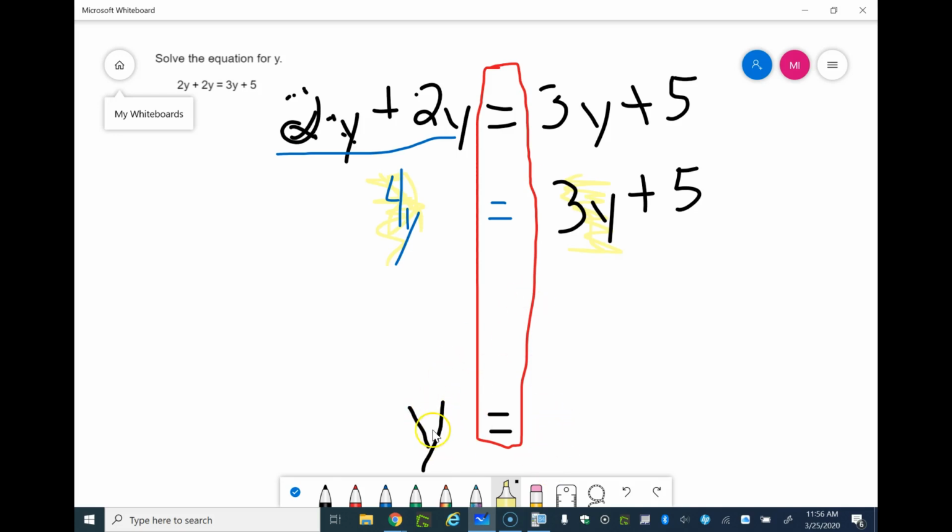But since I already have everything stashed on the left side, I want to move this term over the equal sign to combine with this y. In order to do that, you always have to do the opposite of what it's doing right now. Because this 3y is positive, when I move it over, what is the opposite of positive? It's going to be subtraction.